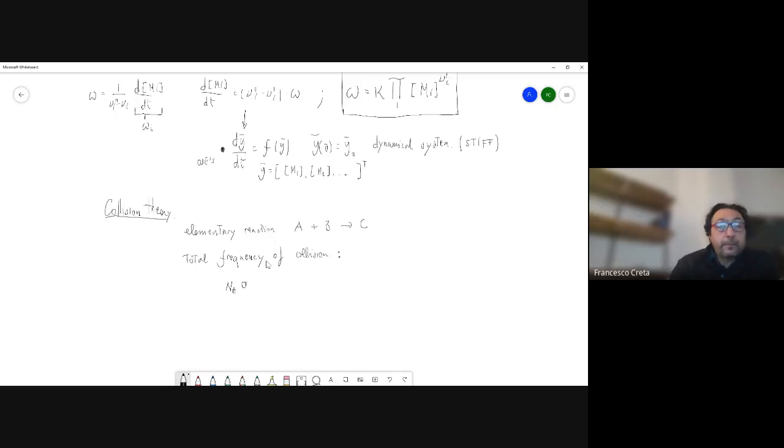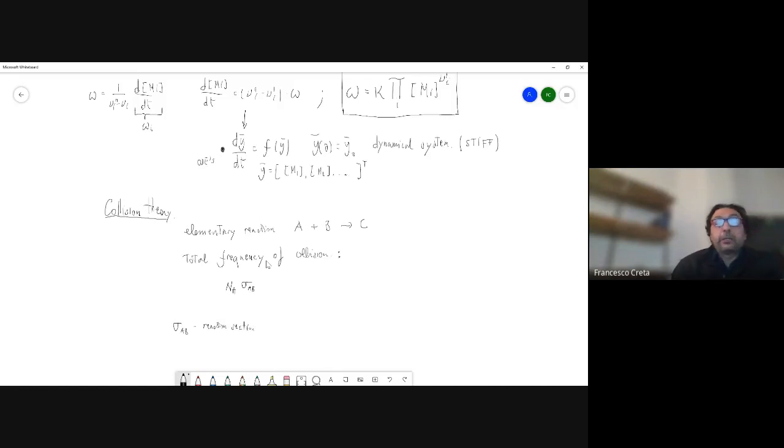Then there is another constant which depends on A and B, and this is the so-called cross section of reaction. I'll tell you what it is in a second.